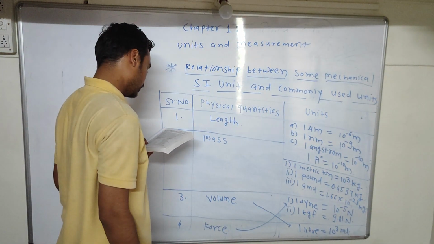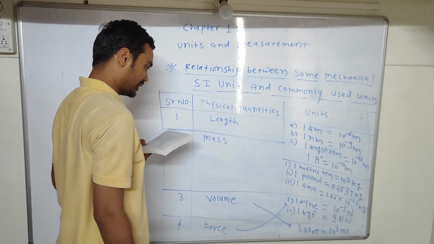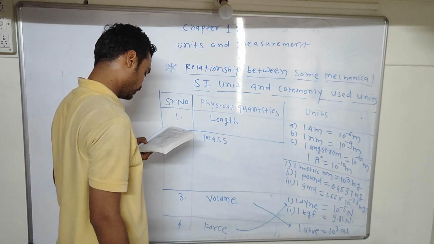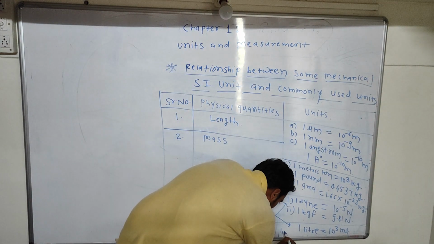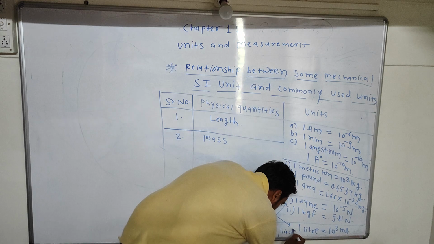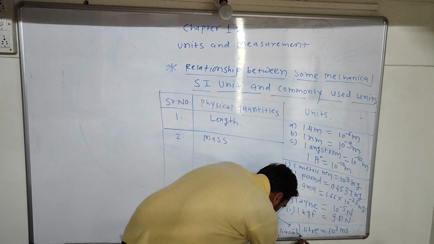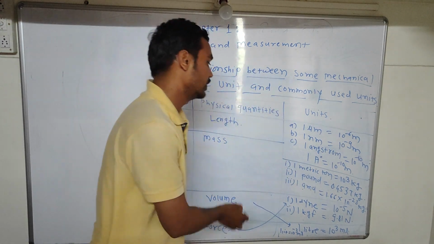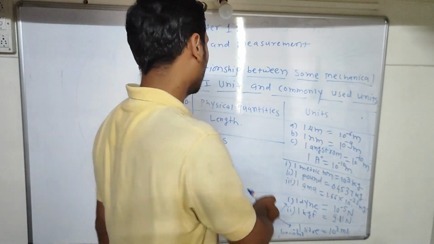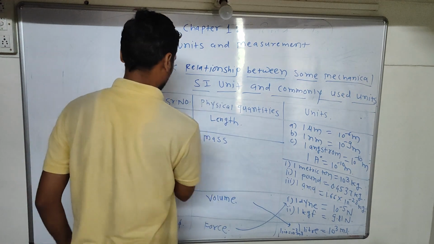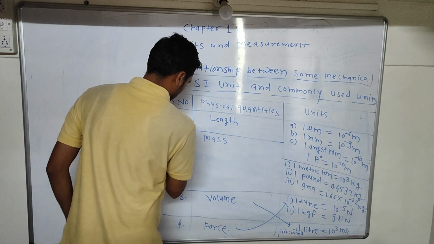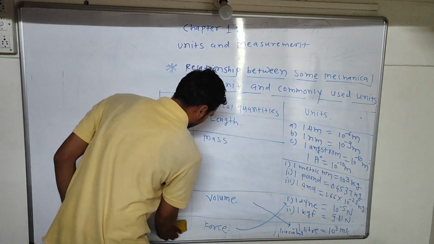Then we have to see one another conversion. 1 liter is equal to 10 raised to minus 3 meter cube, right? These all are the conversions for the physical quantities, right? Fit it in your mind. So you have to see another physical quantity conversion one by one, right?